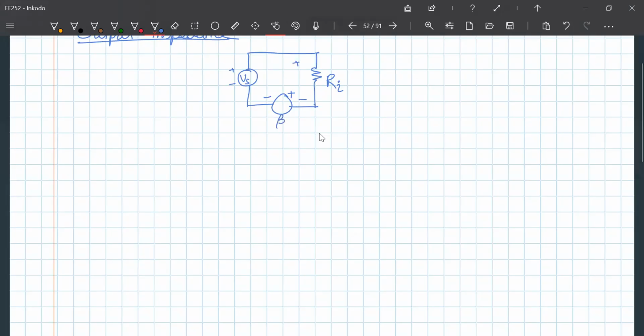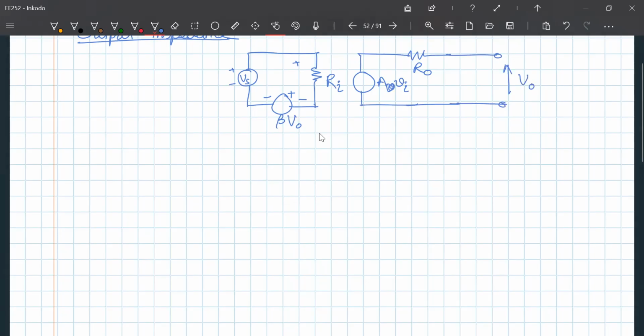This is beta V out, and you have the output voltage gain AV times Vi, and then you have the resistance R out, and then you have the output voltage V out.